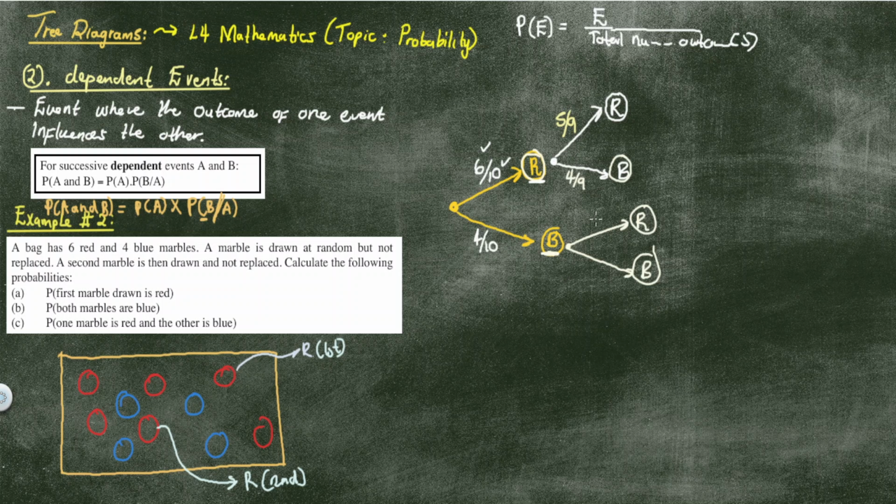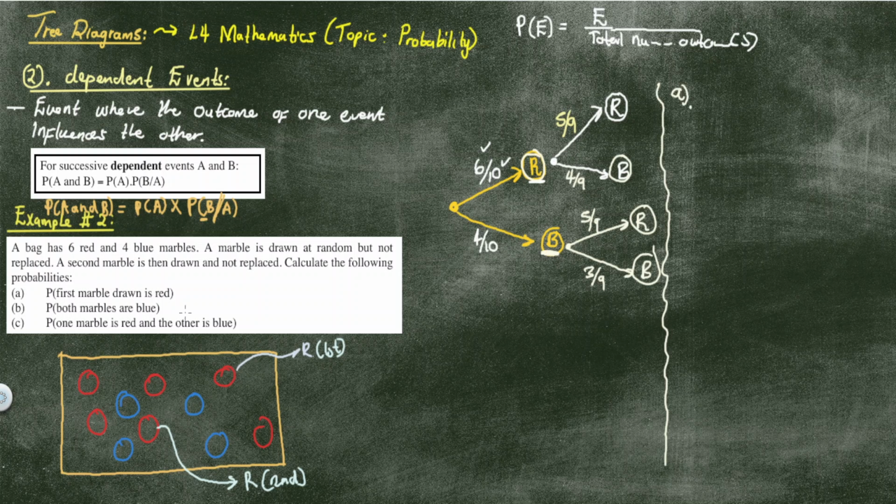I think it's 5 of 9 and then blue is 3 of 9. Correct. Remember, you took out the blue and did not put it back. So 3 blue are left out of 9. How many red marbles are there now? Still 9. Alright.